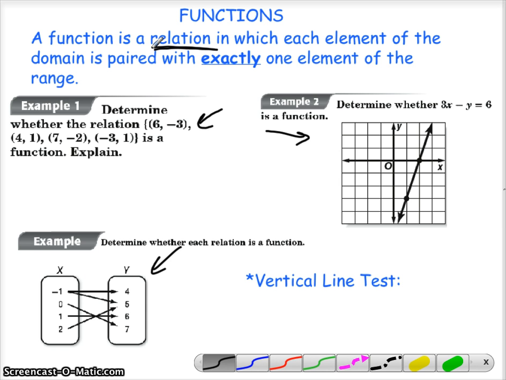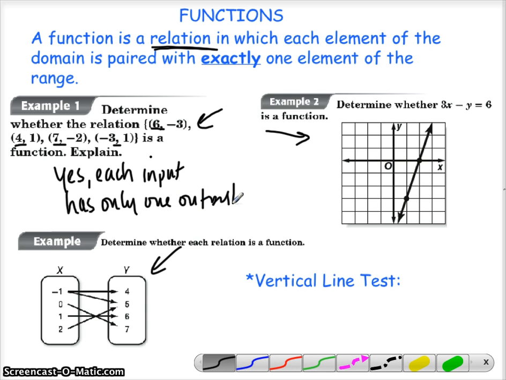Just like each button on a Coke machine is going to have one soda that comes out. All right, so here we have an input of 6, an input of 4, an input of 7, an input of -3. Are those all different? Yes. So therefore, is it a function? Yes, it is. Each input has only one output.